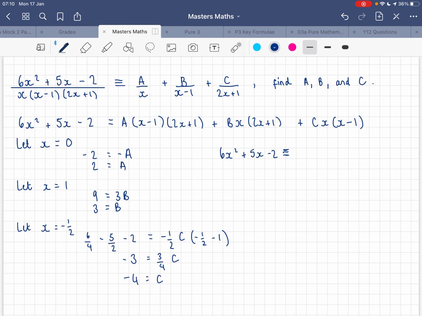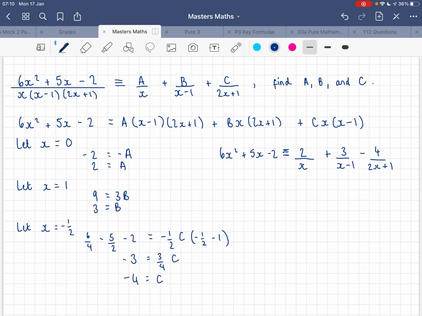Each side of the equation is equal to each other. So that is identical to 2 over x plus 3 over x minus 1 minus 4 over 2x plus 1. And that's it, we're done.